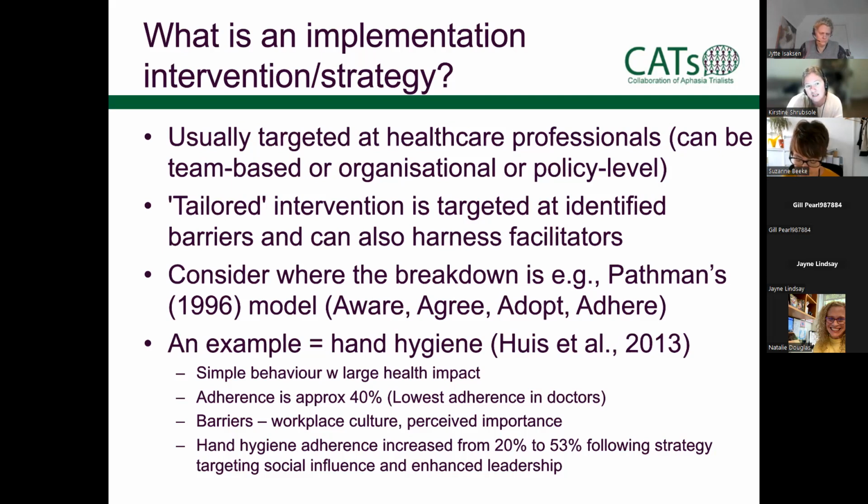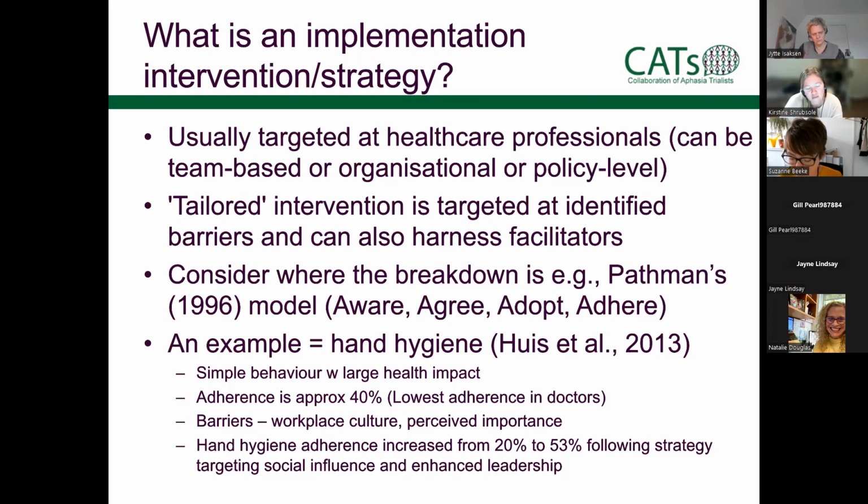So I've already talked about the tailored intervention concept. There's also some thoughts that it shouldn't just be about barriers, that there's some really important facilitators as well, that if we tap into those, that can really help change practice. But sometimes we do focus a lot on the barriers. Just to shout out to those facilitators, they're really important as well.